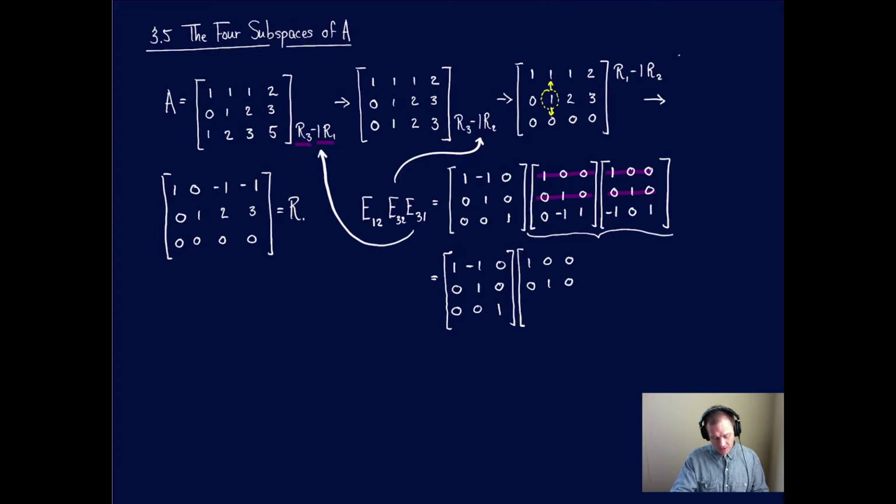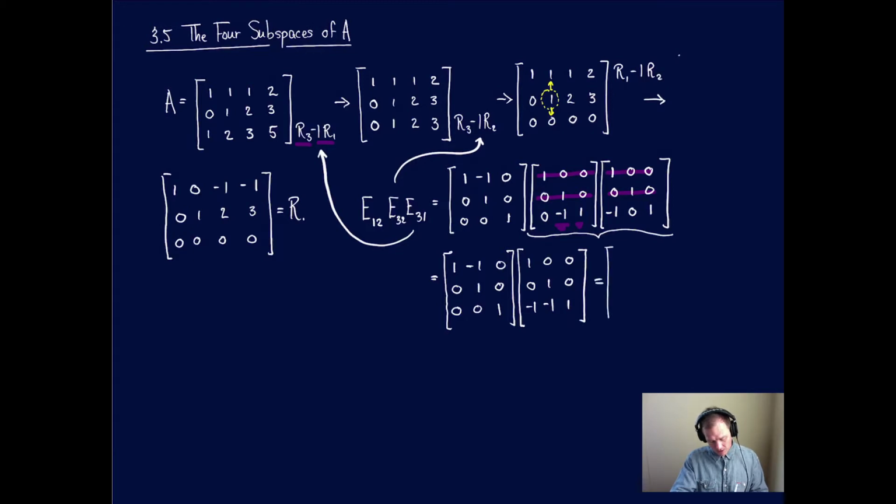And then what this says here is you're going to subtract the second row from the third row. So I'm going to have a subtract from the third row. So I have 0, minus 1. Then I'm going to have another minus 1, and then I'm going to pick up a 1. It looks like. Okay. Yeah, I think that's right. And then let's move on.